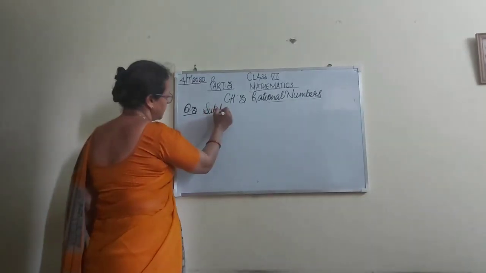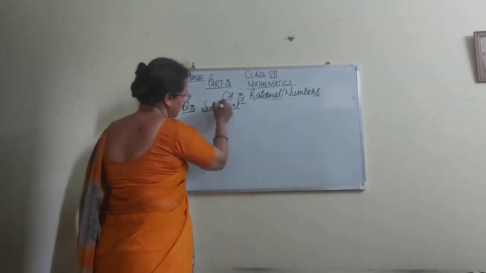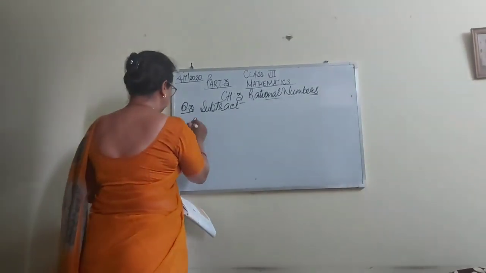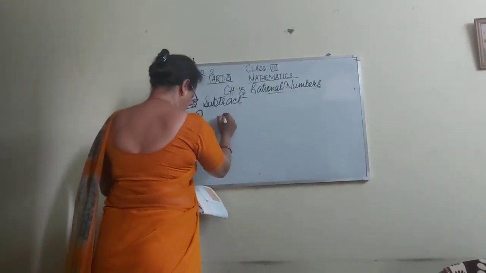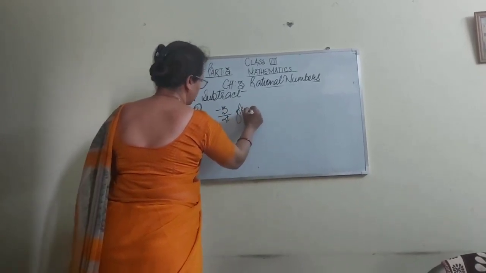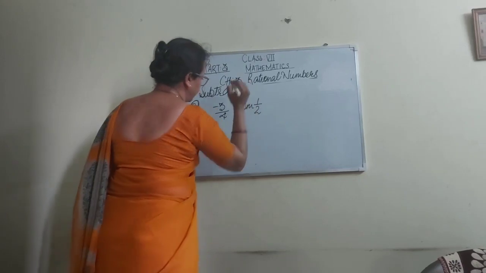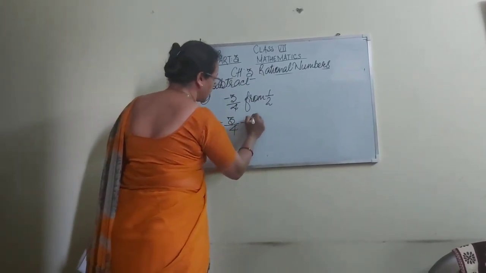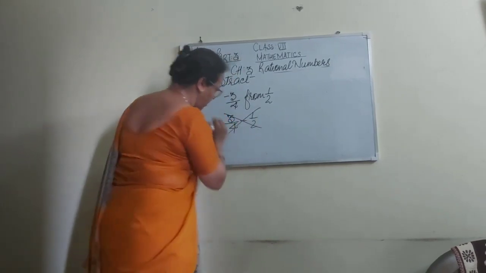Question number 3, subtract. Okay, students, what are we doing? Subtraction. A part is minus 3 by 4 from 1 by 2. Students, please keep it in mind, we can't write directly 3 by 4 minus 1 by 2. This is the wrong method.